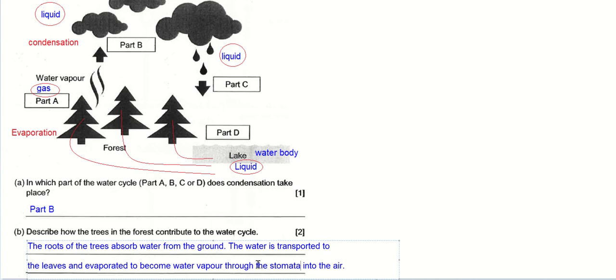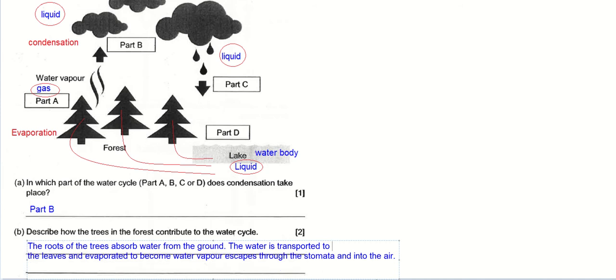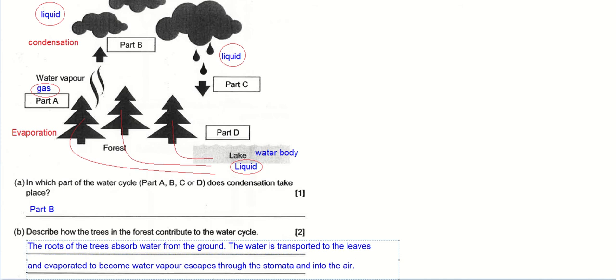Sorry, the water vapor escapes through the stomata and into the air, right? Okay, so one more time, the water is transported to the leaves and evaporated to become water vapor and escapes, and the water vapor, okay, just put a full stop here.